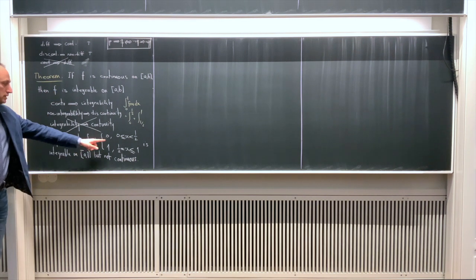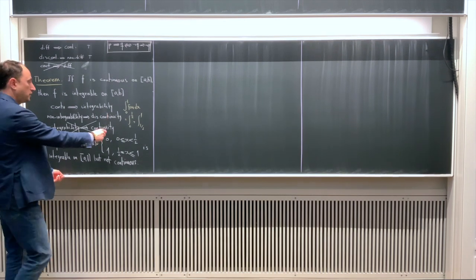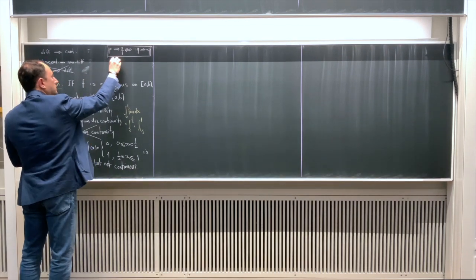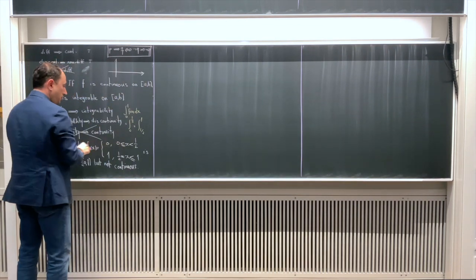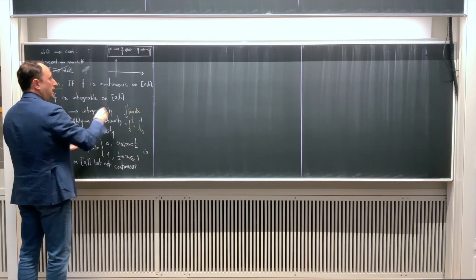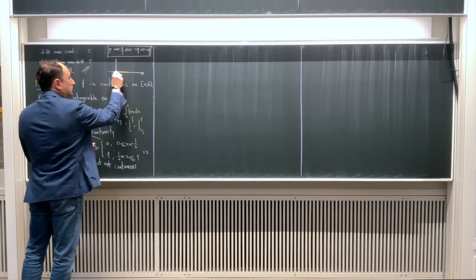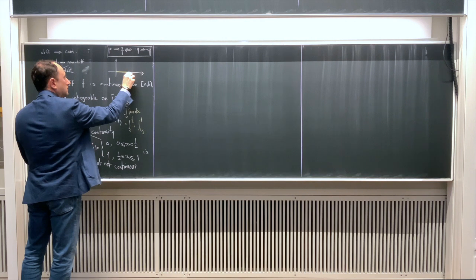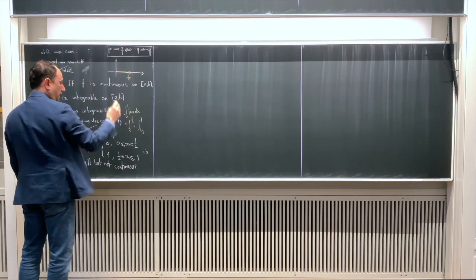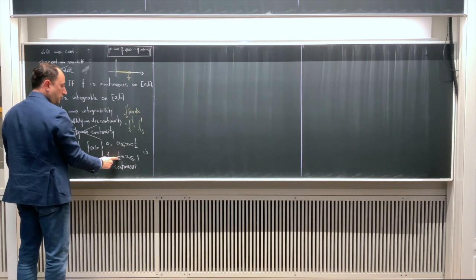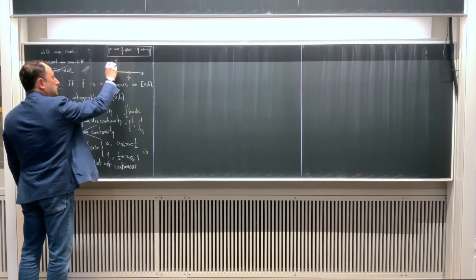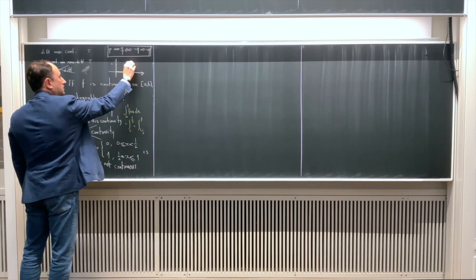But this is obviously not continuous. Why? Because if I draw the graph of this function, from 0 to 1/2 it is 0. This is 1/2. And then it is 1 when it is from 1/2 to 1.